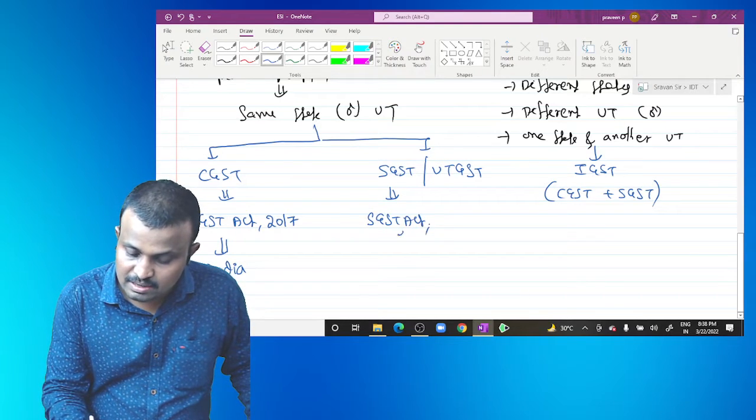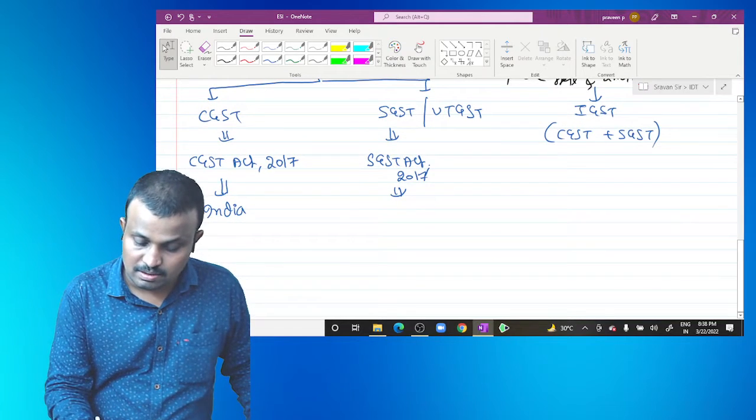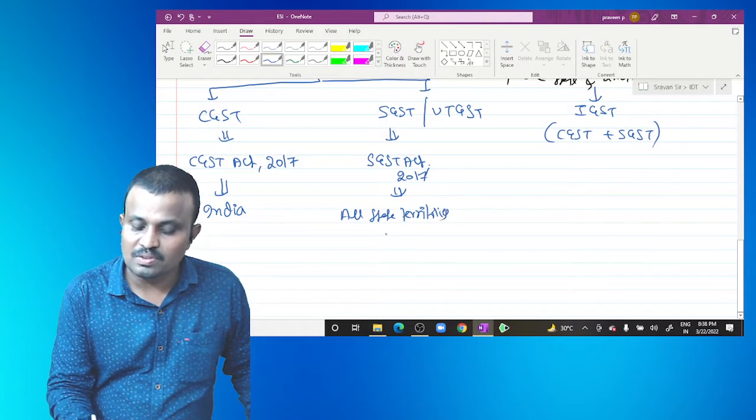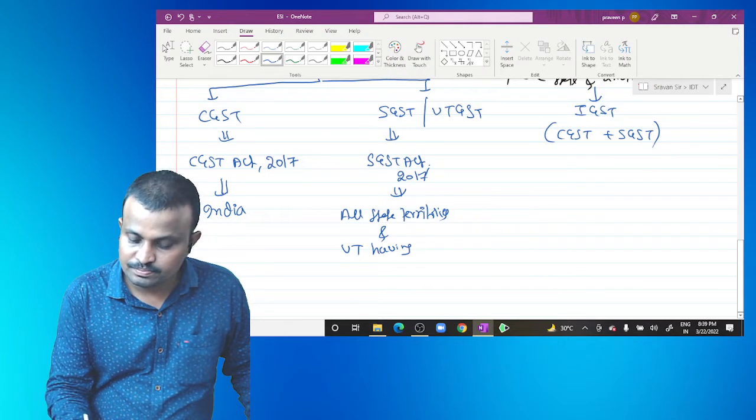And coming to the SGST, it is levied as per the SGST Act 2017. It applies to all state territories and union territories having separate state legislation.